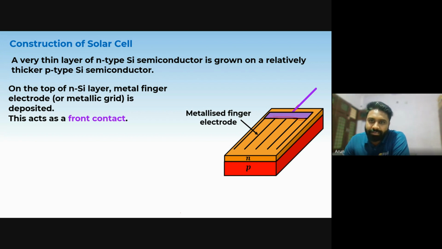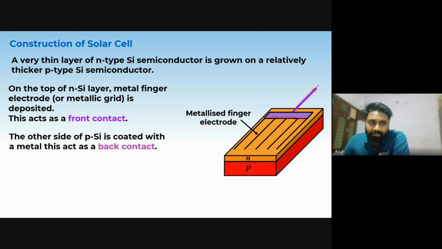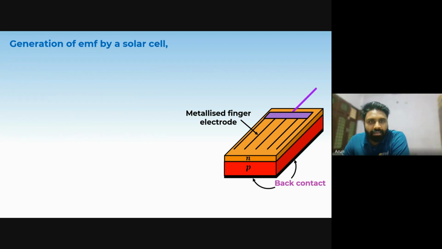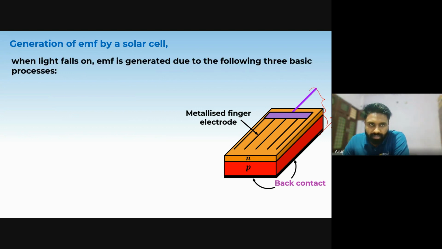This is called the front contact, and the other side, which is the p side, is also connected to a back contact, which is also a metal, so that in the external circuit we have a front contact and back contact, so that we can have the power.